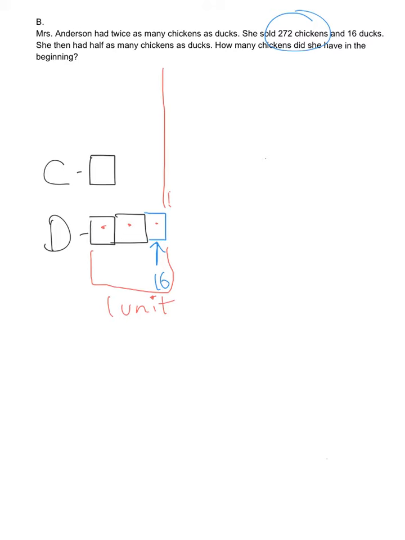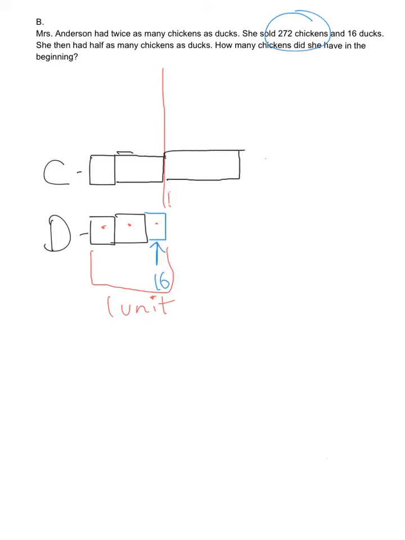Well, I know that in order to have twice as many, I have to at least get to 1 unit for the chickens first. So let's give that 1 unit for the chickens. Well, there's some of that 272 given back. Okay? Now let's go ahead and give the rest back.